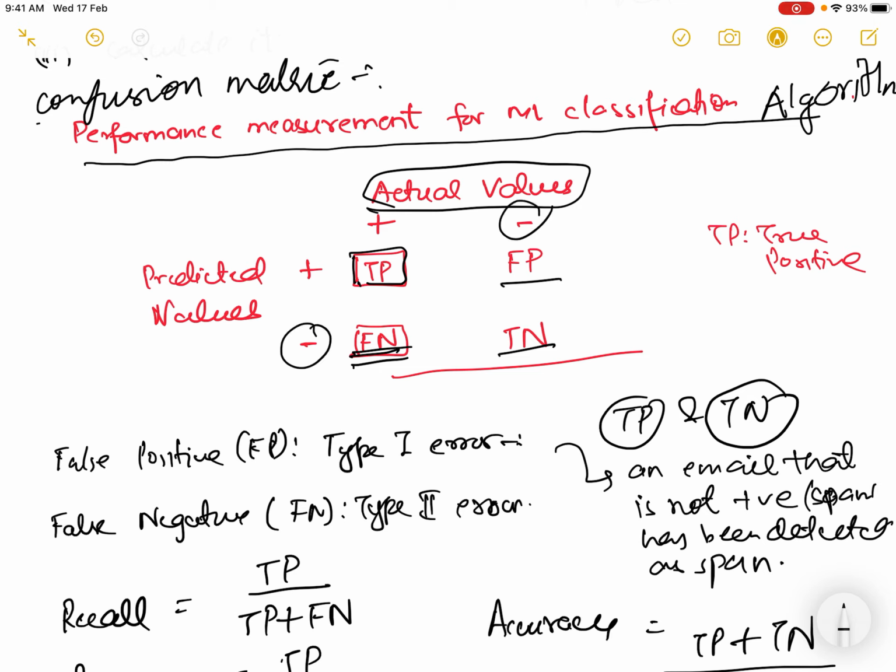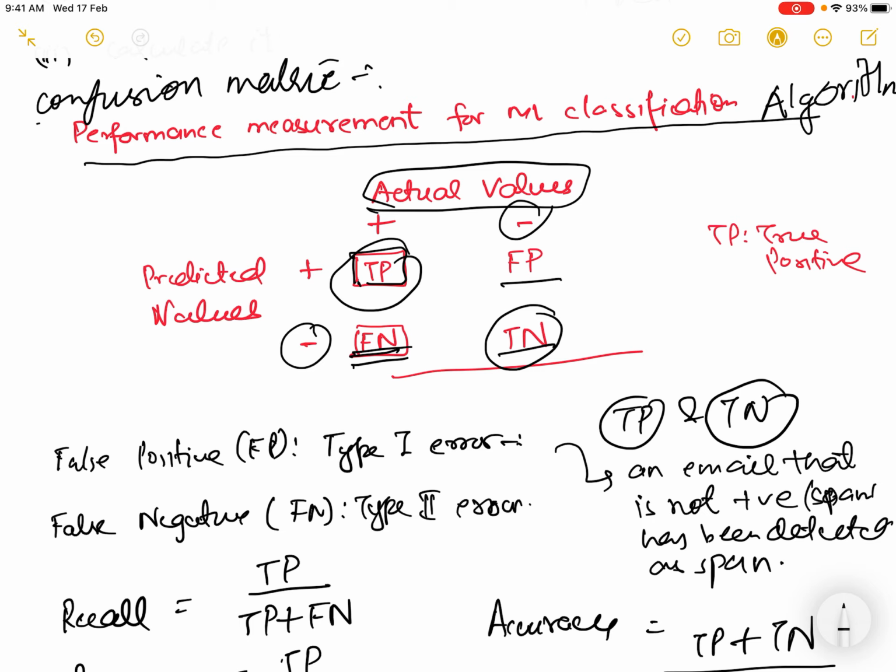But there is also a slight gap in this approach, which is about false positive and false negative. I'll tell you later how it is missing, but let us first understand what false positive and false negative are. False positive means that you predicted the output to be positive, but in actuality it was negative.